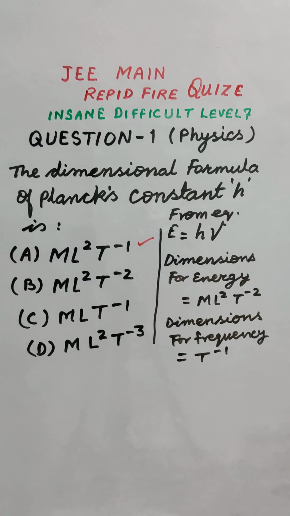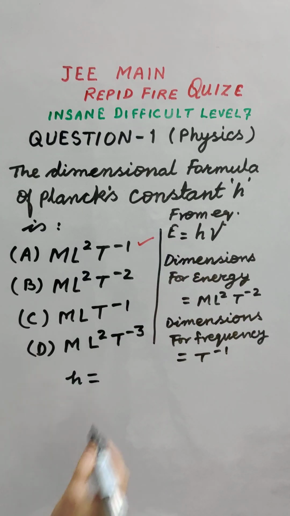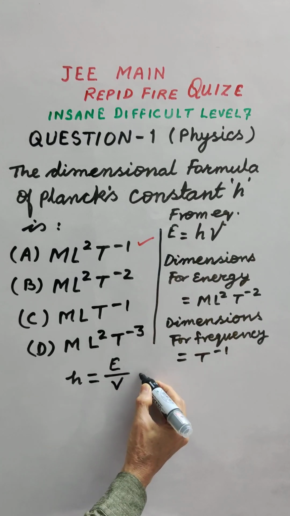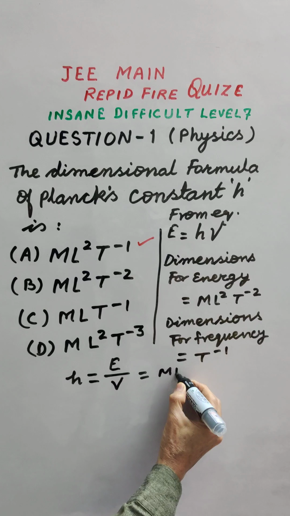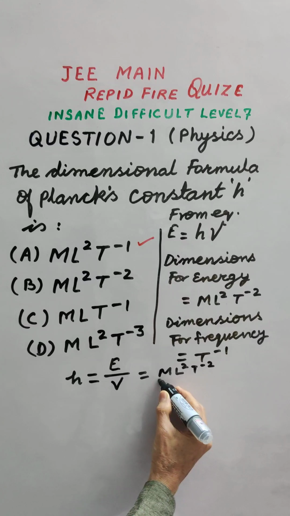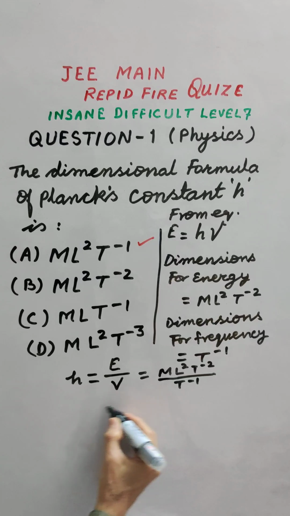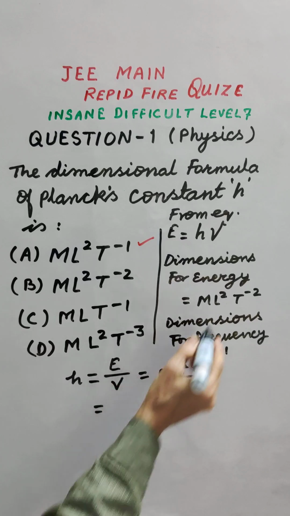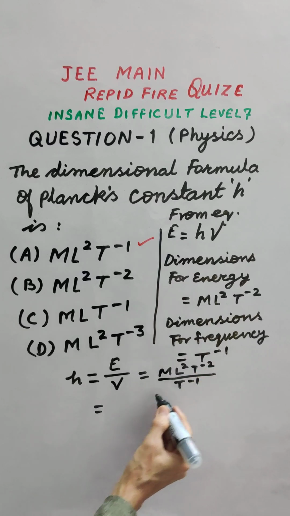Now, we have from here h is equal to E upon ν, that is equal to ML²T⁻² divided by T⁻¹. Since the dimension of energy is ML²T⁻² and the dimension of frequency is T⁻¹, we divide.